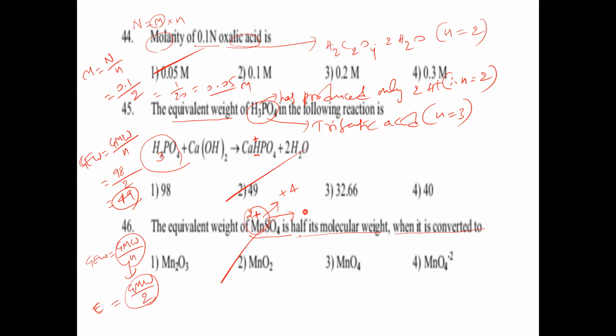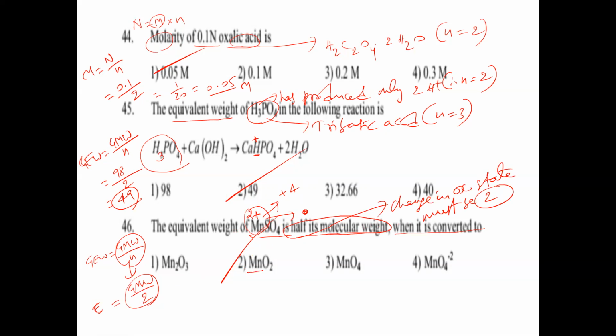Half of its molecular weight means what concept we have to understand here? The change in oxidation state must be 2. If the change in oxidation state is 2, the equivalent weight will be equal to gram molecular weight by 2.